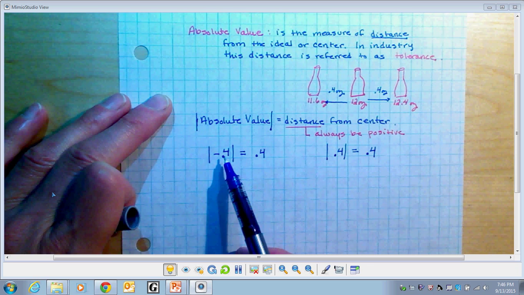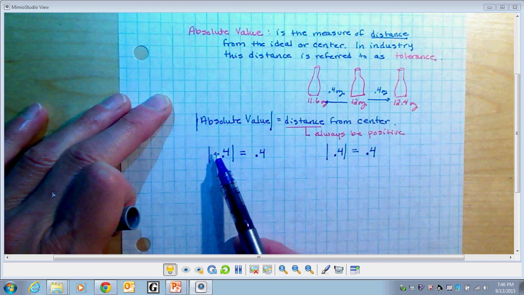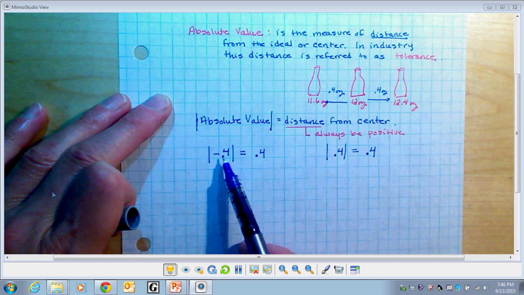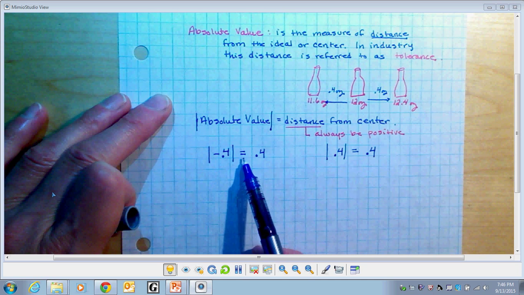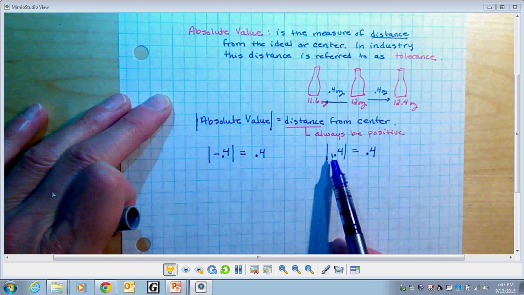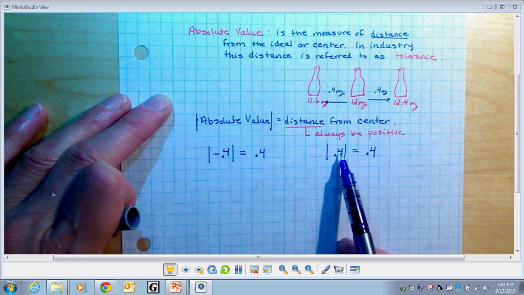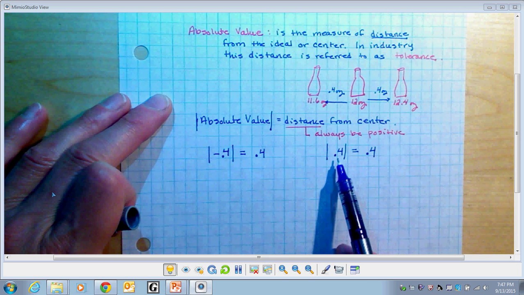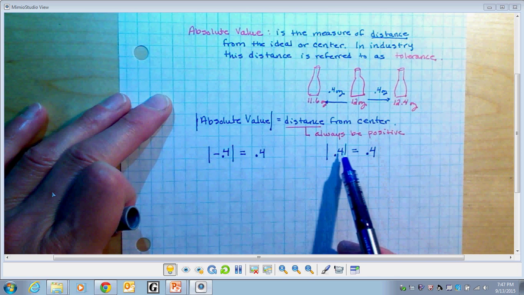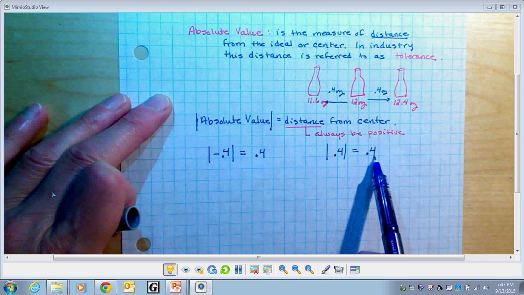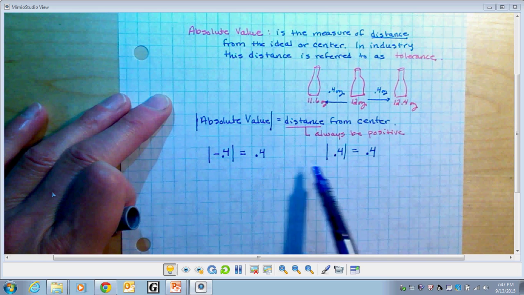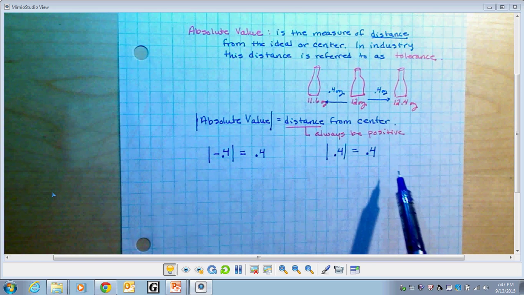So notice I have a negative value inside my absolute value signs. But what's the distance of -0.4? Well, the distance is a positive 0.4. If I have an increase of 0.4, then the distance between whatever my ideal is a distance of 0.4. That's why when you take the absolute value, you get positive values for both.